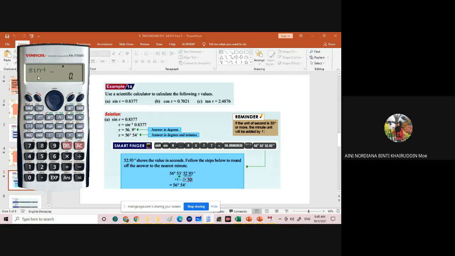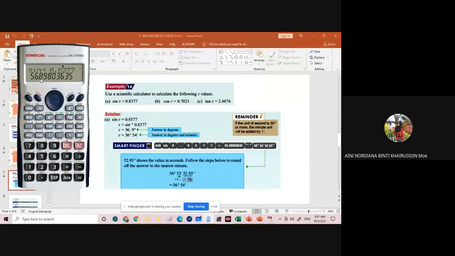How to use the calculator? Press the shift button, then press the sine button. This is sine inverse on your calculator. Then you press 0.8377. Then press the equal button. The calculator will give these values. If you want your answer in degrees, you can round off to 1 decimal place, which is 56.9. This is the answer in degrees.